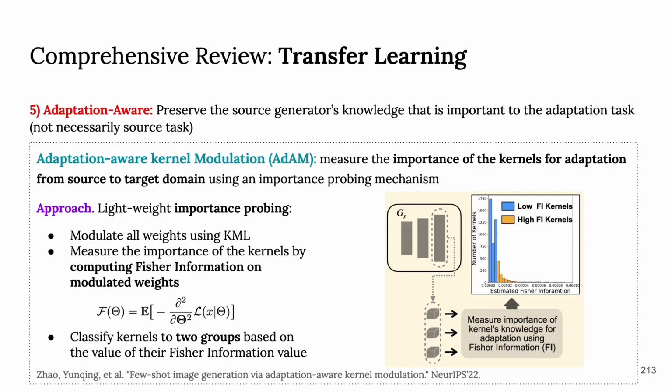After this, we obtain Fisher information for all kernels within a source generator, and then kernels are classified into two classes: low importance kernels and high importance kernels. High importance kernels are preserved using a modulation, as we discussed before, and low importance kernels are fine-tuned to obtain the domain-specific knowledge.